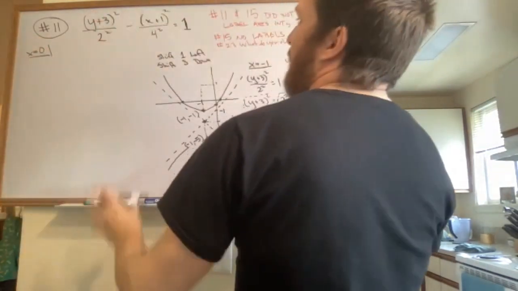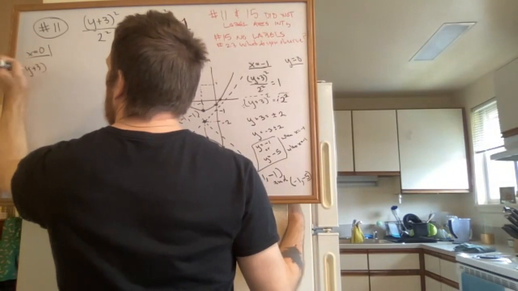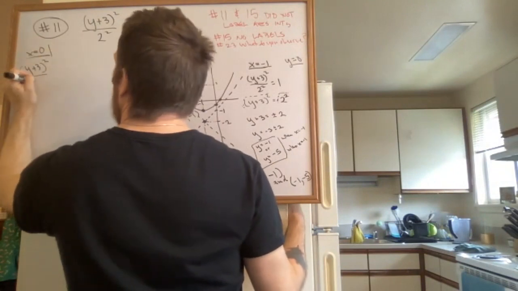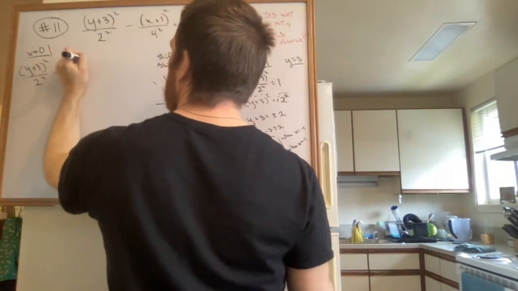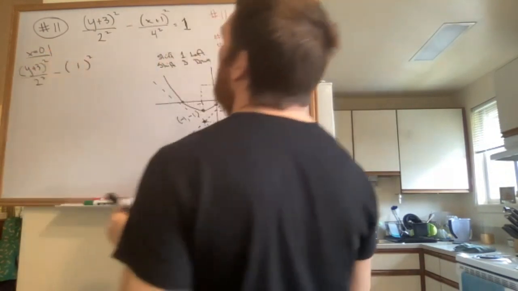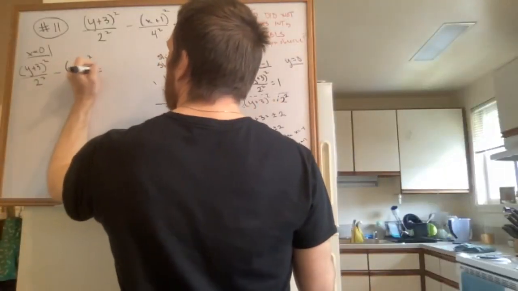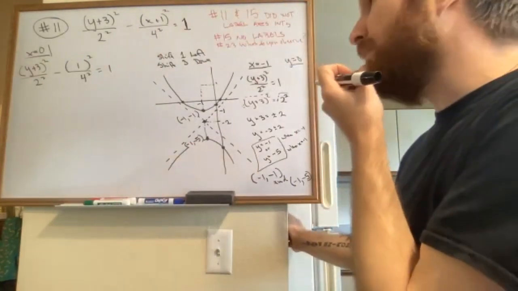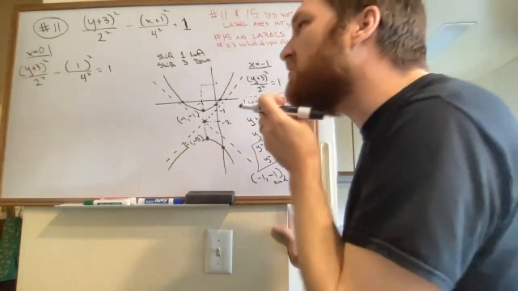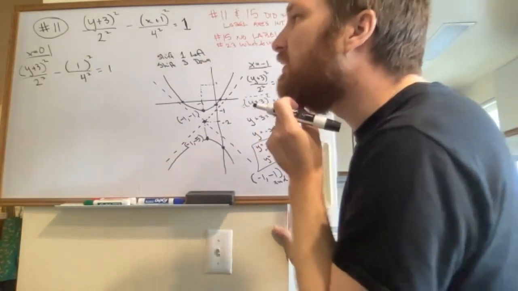Now that I've done that, my original equation reduces to this: (y plus 3) quantity squared over 2, minus (0 plus 1) squared, which is just 1, over 4 squared equals 1. And in this case, just to make things simple, I'm going to go ahead and square out those numbers.